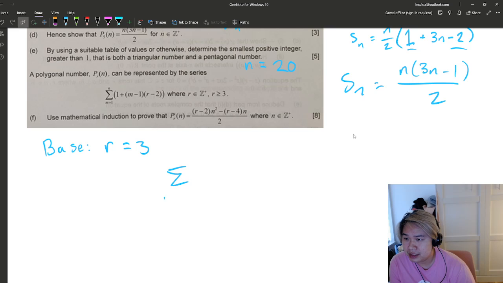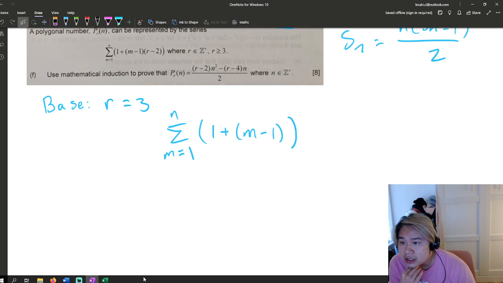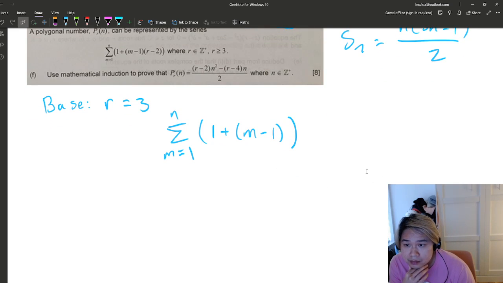Okay, so then this is the sum from m equals 1 to n of 1 plus (m minus 1), and then r is 3, so 3 minus 2 is just 1. If you really wanted to reason this out, I always like to write the first few terms so that I can see what exactly I'm doing.